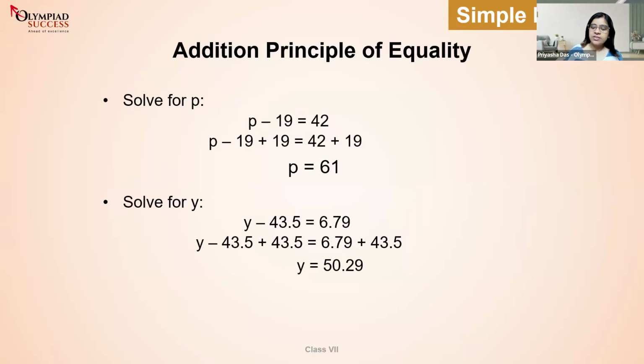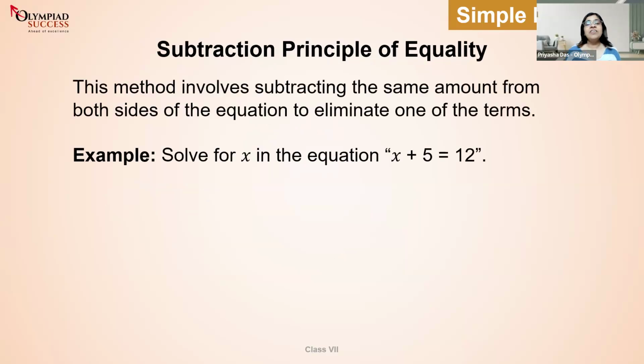No doubts? Great. Then we will do subtraction principle of equality. Let's go. Fastest finger first. Shivangi, it is 50.29, okay? Ouch! Ishan, minus 7.